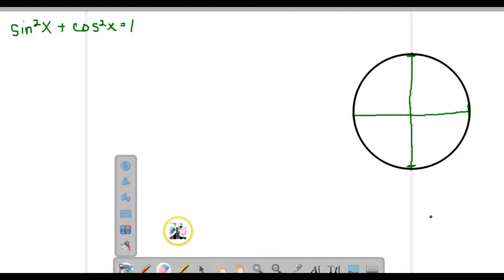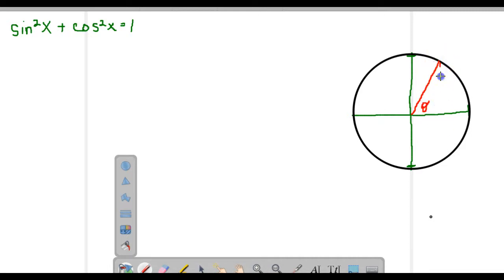We'll just leave that. So that's the unit circle, and if I were to draw a theta in there, let's just say it's almost like a 60-degree angle. So that's my theta, my angle.